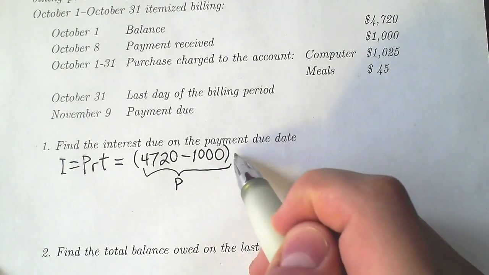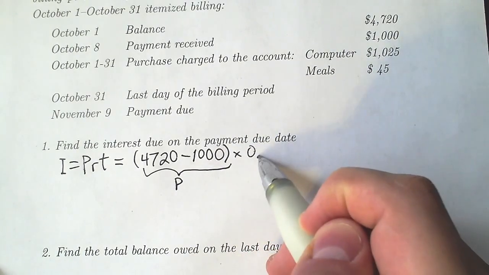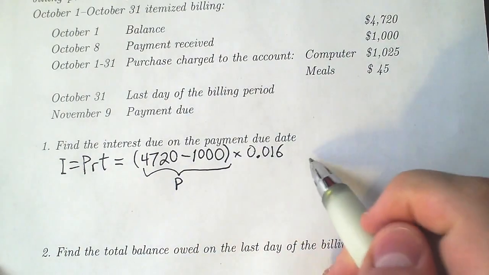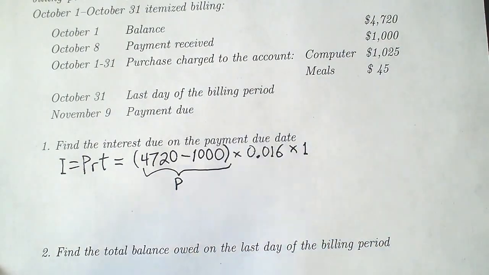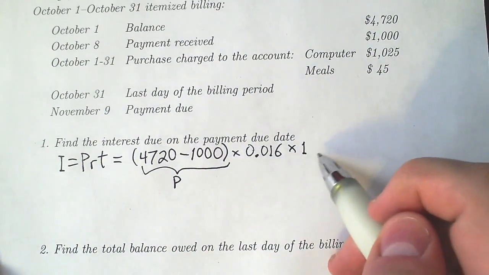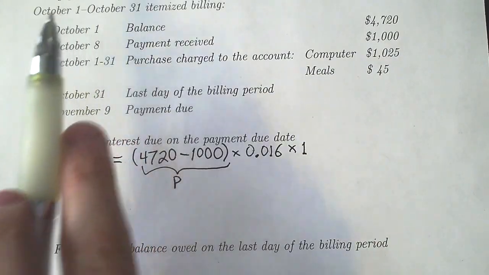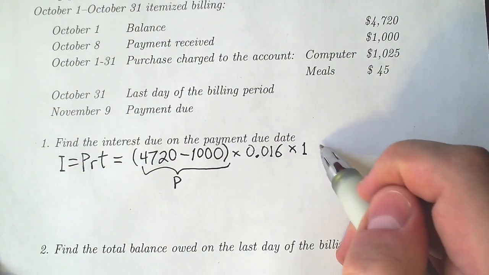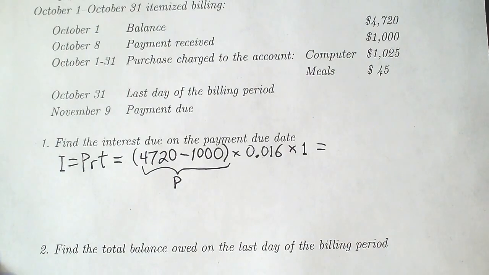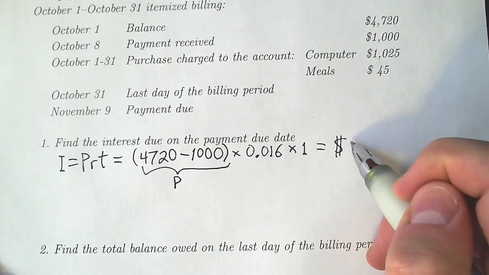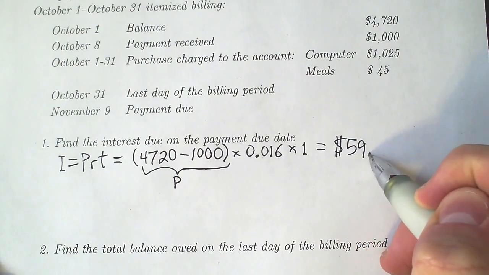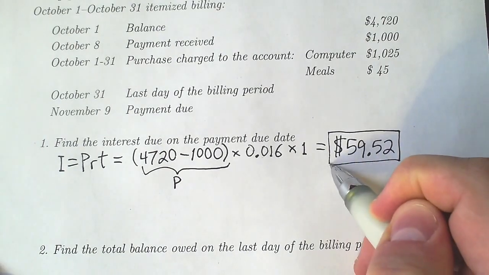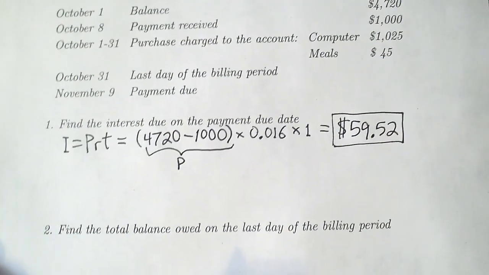That's my P. And then times the interest rate. Remember to convert it to a decimal. And in these credit card problems, we're talking about 1 month. So it said it was a monthly interest rate, so monthly interest rate times 1 month. So I worked this out on a calculator and rounded to the nearest cent. I got 59.52. That's just the interest.